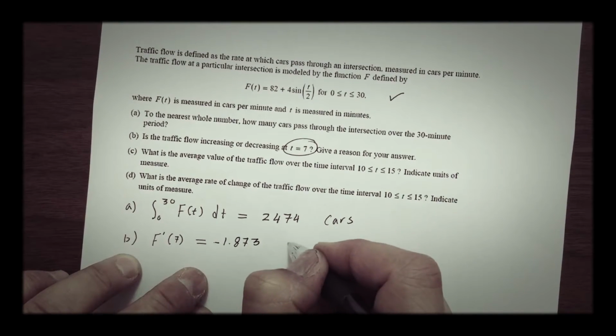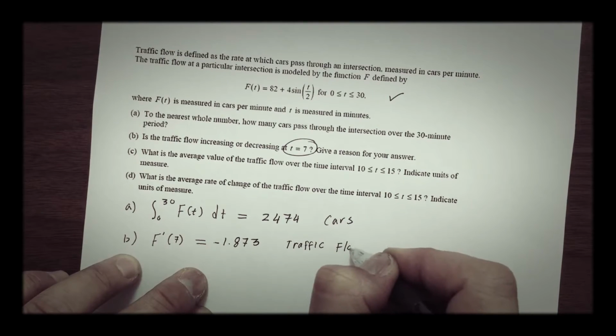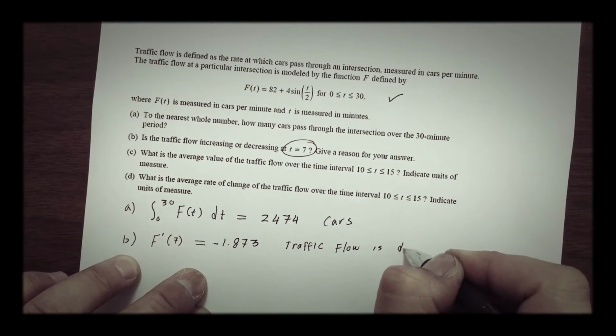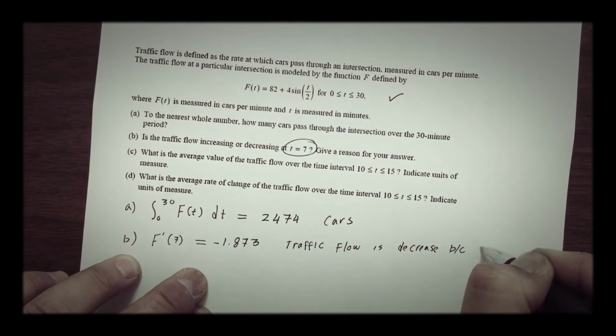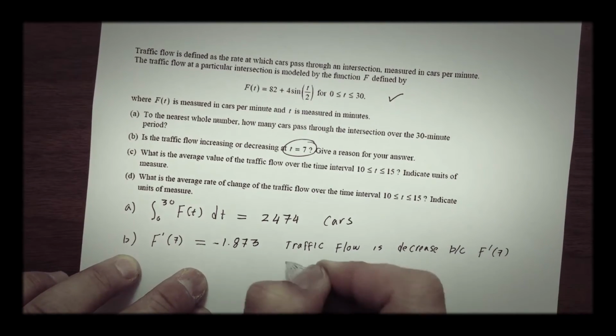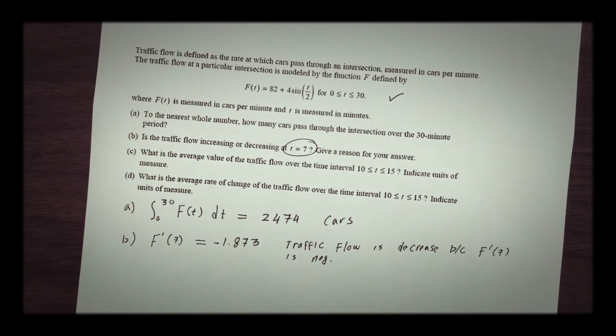Okay, traffic flow is decreasing because f prime at 7 is negative. So that tells you that the flow of traffic is going down at time 7.